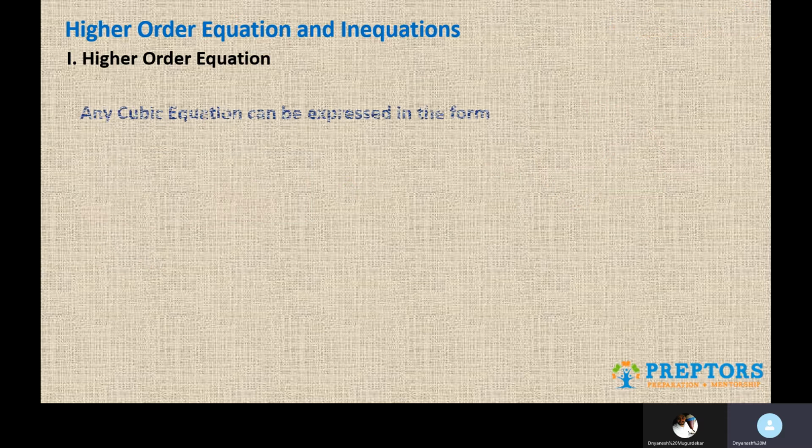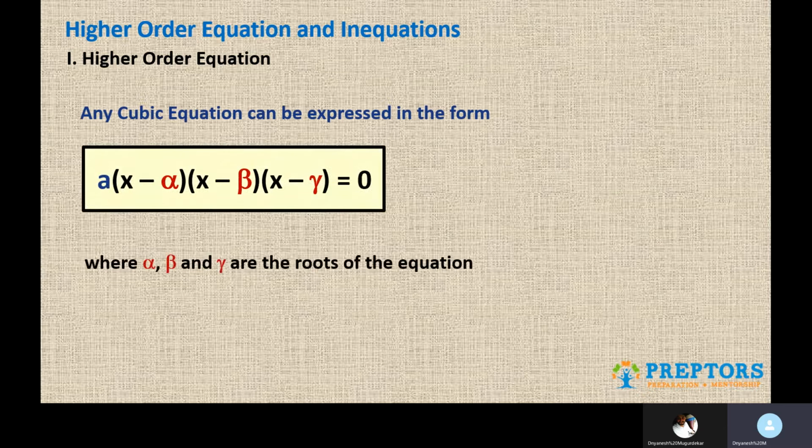Then any cubic equation can also be expressed in the factorized form as y is equal to a into x minus alpha into x minus beta into x minus gamma all equal to 0, provided alpha, beta, gamma are the roots of the equation. Same as that of the quadratic, no changes whatsoever, just an additional term.